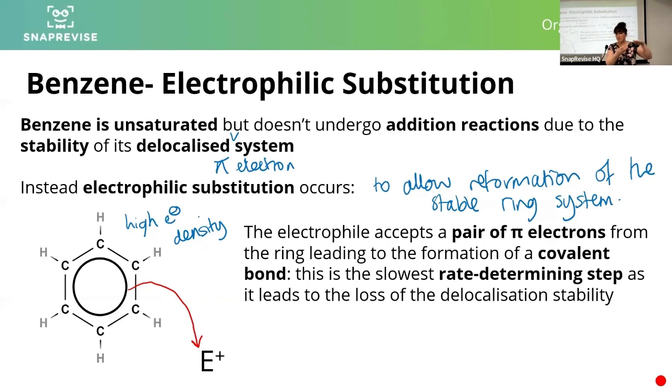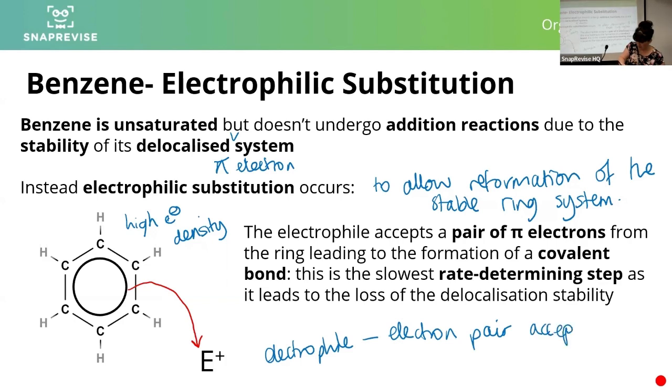A pair of electrons from that high electron density is also therefore attracted to the electrophile, can move across to create a bond. So this is my electrophile. An electron pair acceptor, which is attracted to the area of high electron density.